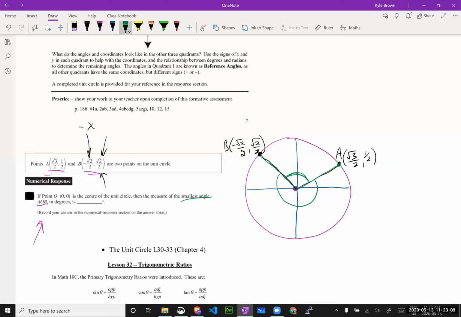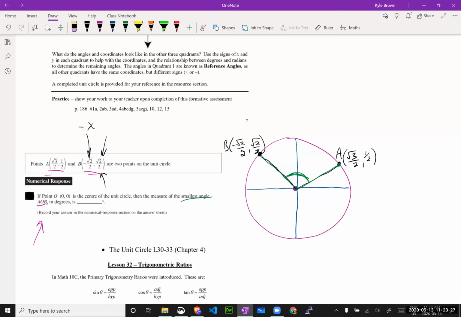But it doesn't want the backside. It wants the top one, that's the smallest of the two angles. So all we really have to do is figure out the angle from there to there, then figure out the angle from here to here, and then subtract them. That would give us the difference between them, the inside there.